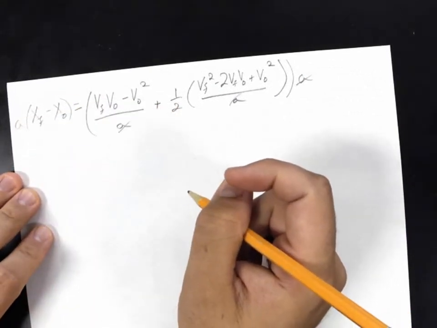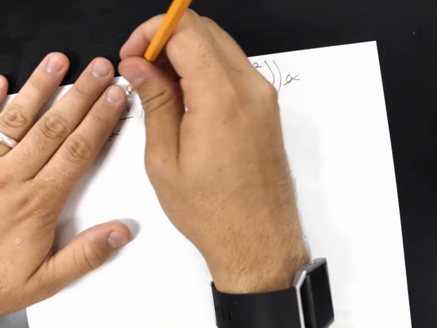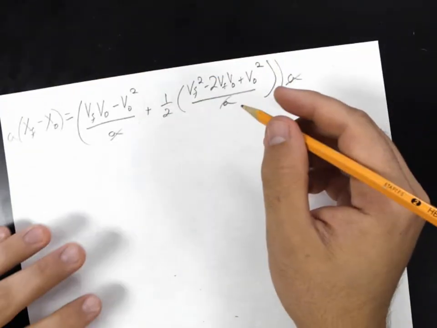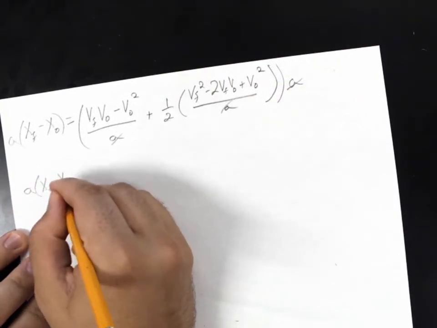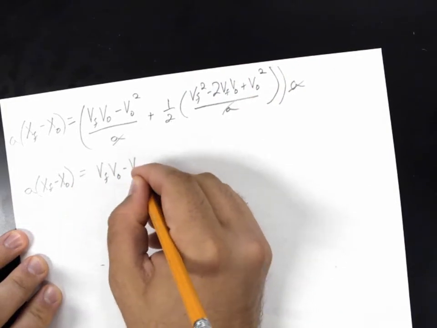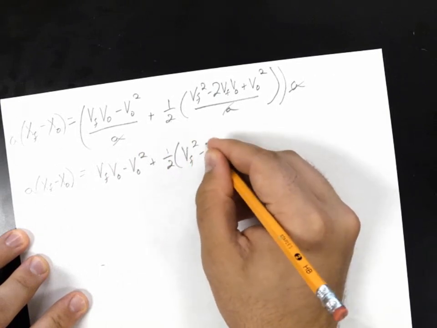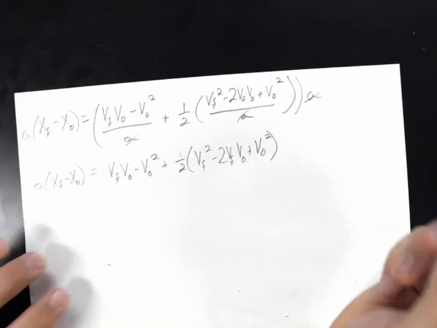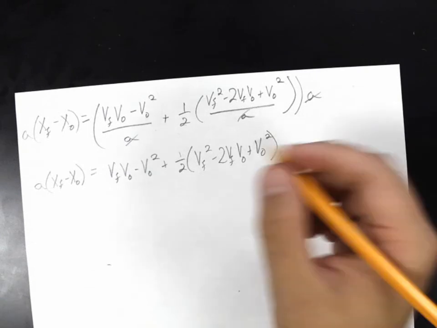Another thing we can do is multiply by 2. I know that'll send a 2 over here, but that's okay. Actually, let's do that in the next step. Step by step, right? Okay, there's that. Equals vf v naught minus v naught squared plus 1/2 times this mess, vf squared minus 2 vf v naught plus v naught squared. Okay, so I'm going to multiply both sides by 2.